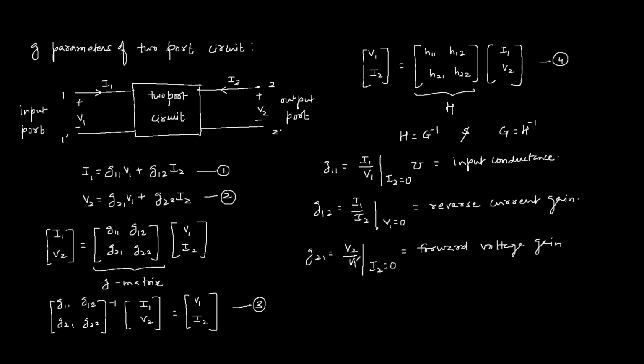And the last is G22. G22 is V2 over I2 when V1 is 0. It is called output impedance because it is the ratio of output voltage to output current when the input port is short circuited.